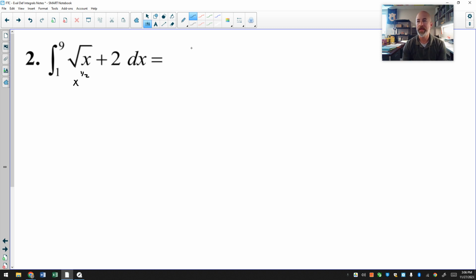So x to the 1/2, we'll see 1/2 plus 1 is 3/2. And then we'll divide by that new exponent, which will be the same as multiplying by 2/3, plus the antiderivative of 2, which will be 2x. You could write plus c if you want to, but I'm not going to. I'm going to evaluate that from x equals 1 to x equals 9.